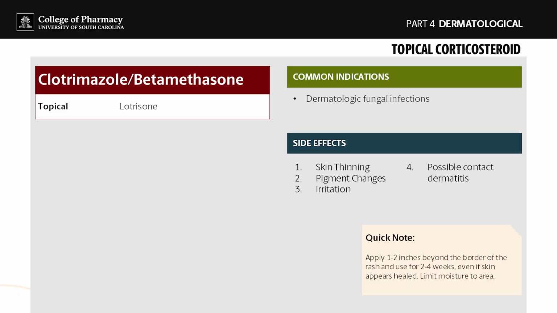Another topical corticosteroid, this is a combination drug, Clotrimazole, Betamethasone. Okay, let's talk about this for a second. Betamethasone is your topical corticosteroid. Clotrimazole is your antifungal. This has the brand name Lotrisone, the "zone" being the betamethasone and the "lo" being the clotrimazole. It's used for dermatologic fungal infections.